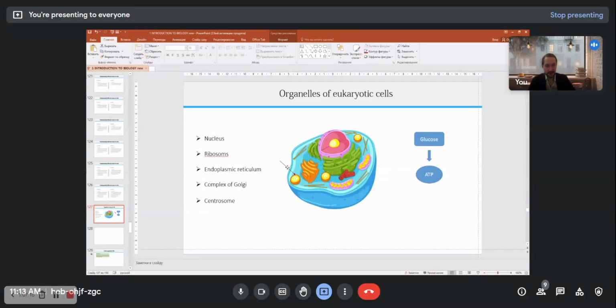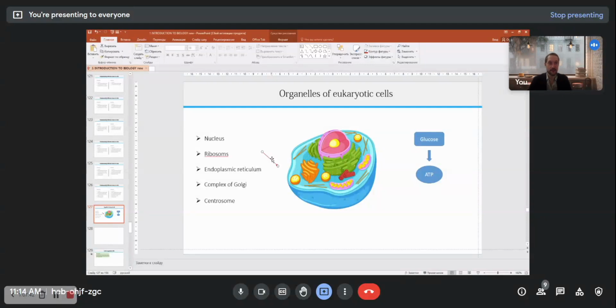The structures, so-called lysosomes, are membrane vesicles full of proteins, full of enzymes that can be used for digestion of different organic compounds. And also these enzymes can be used for destruction of some pathogenic bacteria.